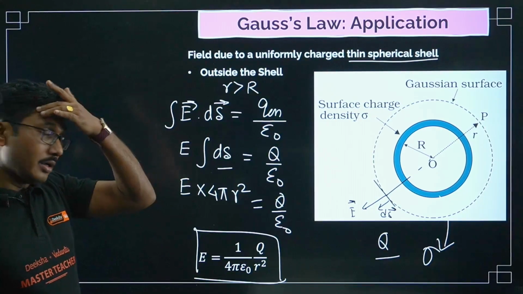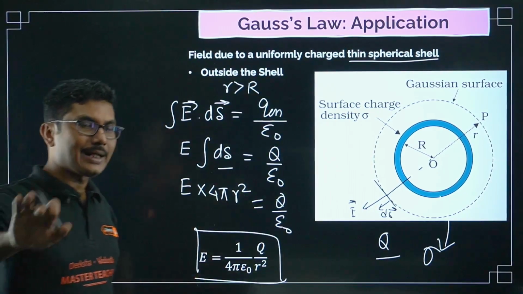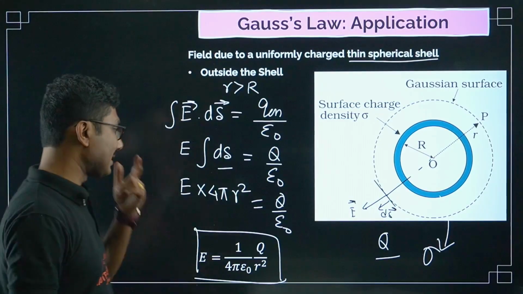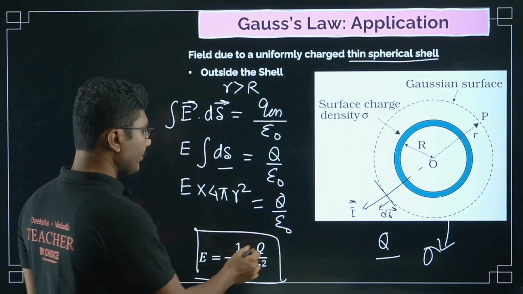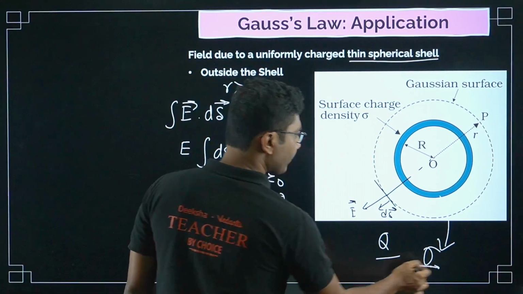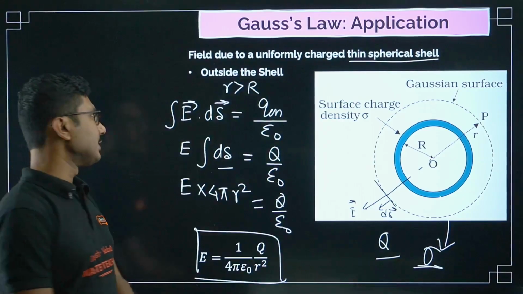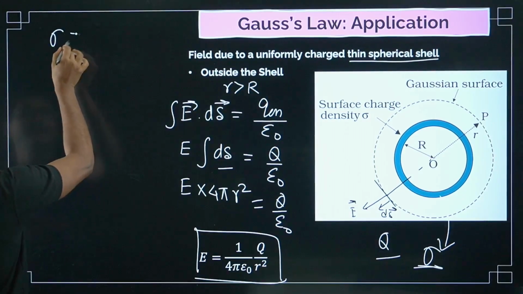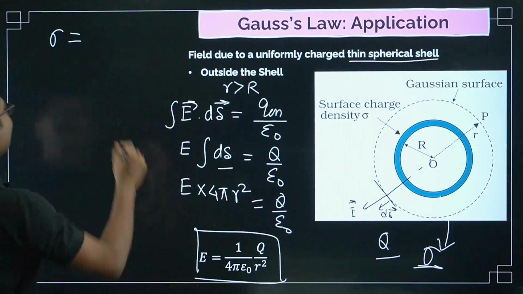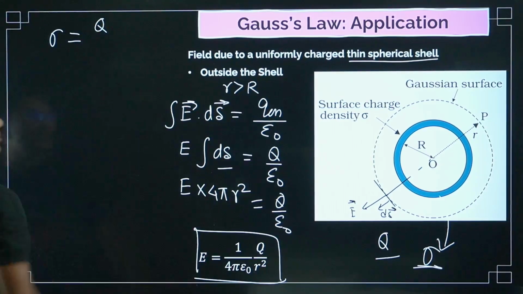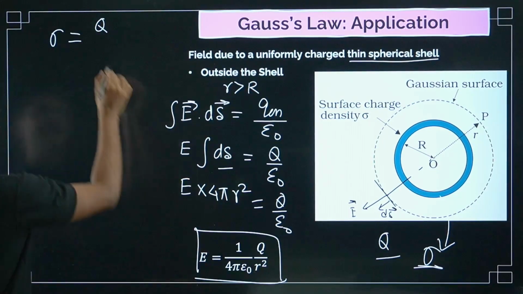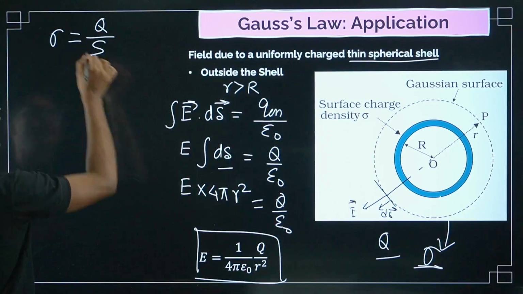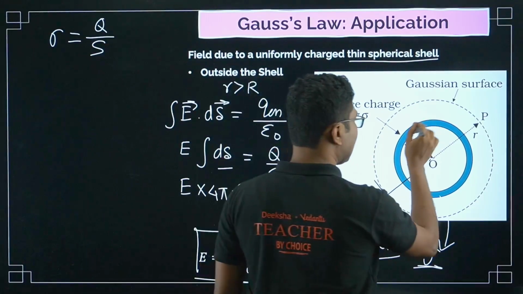Now there is another formula that might come handy, so I am doing that as well. We will find this Q in terms of the surface charge density. So what is the surface charge density? Surface charge density is the total charge, that is capital Q, which we already assumed, divided by the total surface area of the shell.